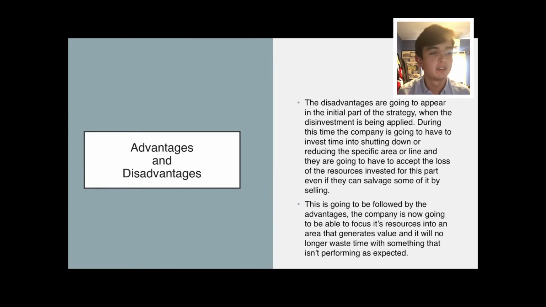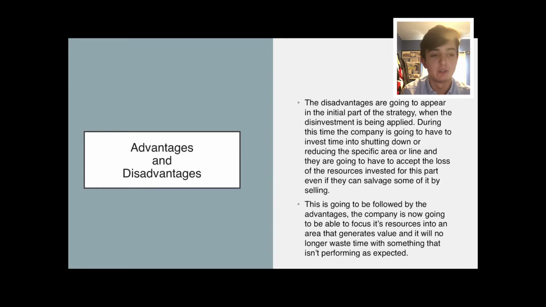So what are the advantages and the disadvantages? The disadvantages are pretty obvious. They're going to appear in the initial part of the strategy when the disinvestment is being applied. During this time, the company is going to have to invest time into shutting or reducing that part of the company, and they are going to have to accept the loss of the resources that they have invested into this part, even if they can maybe salvage some of it by selling certain parts that this area of the company used, like machinery or other resources.